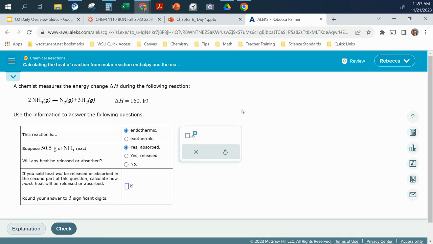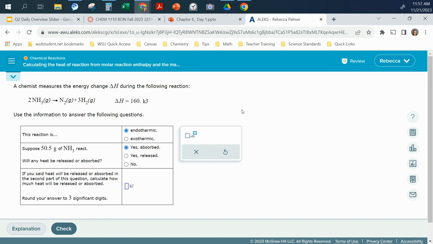We're going to start with that number, 50.5 grams of ammonia. The first thing we need to do is convert grams to moles. Use molar mass. Really, we're not just using it, we're dividing by molar mass.